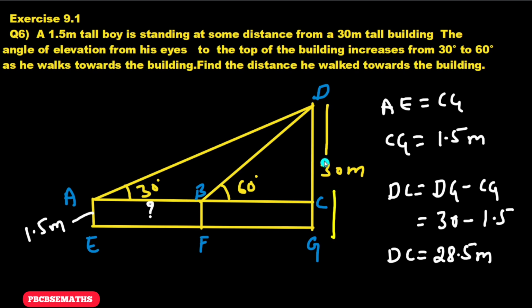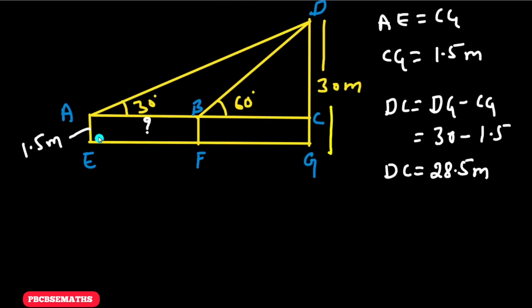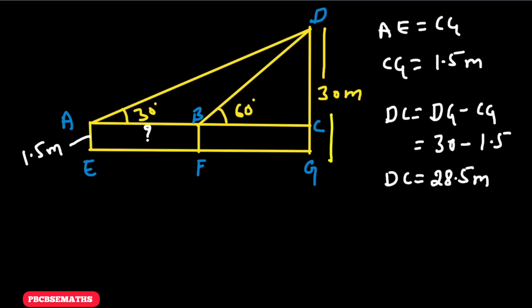Now we have the length of DC. Let's concentrate on triangle ACD. In triangle ACD, we have the opposite side value, and we need to find the value of the adjacent side AC. So here we can use tan theta.